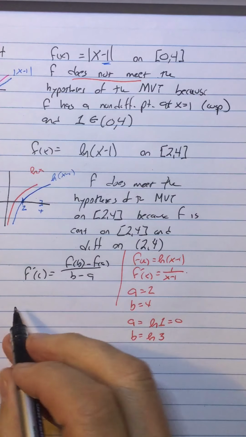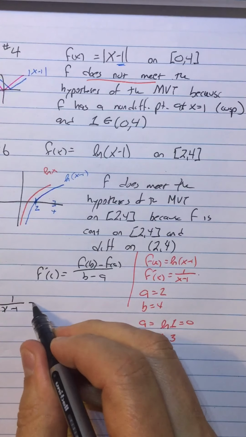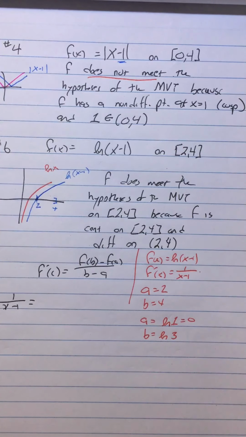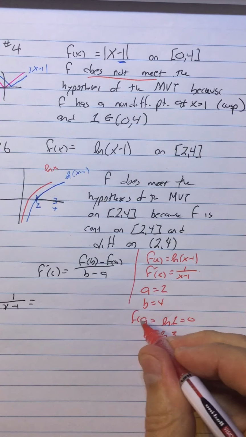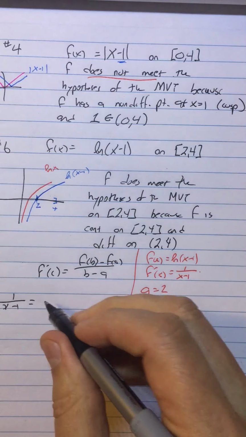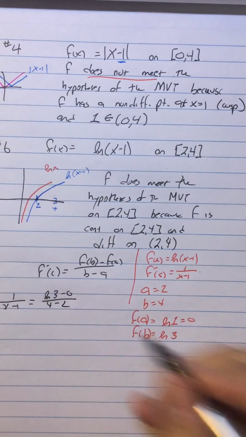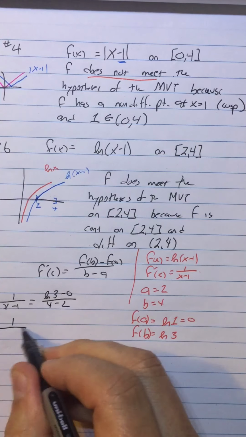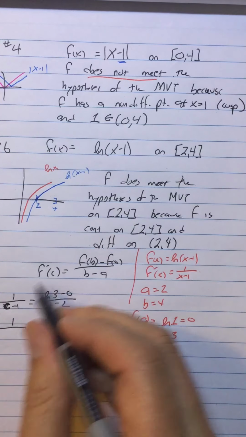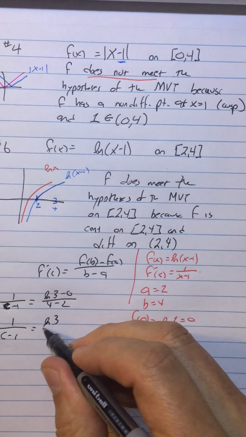So we're going to solve 1 over x minus 1 equals f of b minus f of a. Sorry about the omission, this is f of a and this is f of b. So we're going to solve ln 3 minus 0 over 4 minus 2. And this really should be a c, because it's f prime of c. So 1 over c minus 1 equals ln 3 over 2.